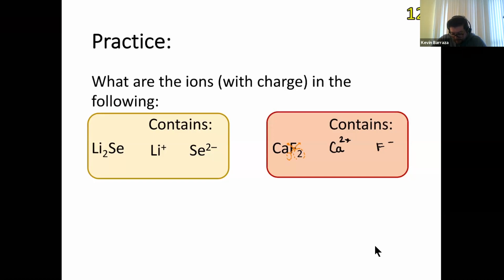So what this means is that as far as a particle representation, there's a calcium 2+, and then fluorine minus. So there are 2 ways that we know that calcium is a 2+.